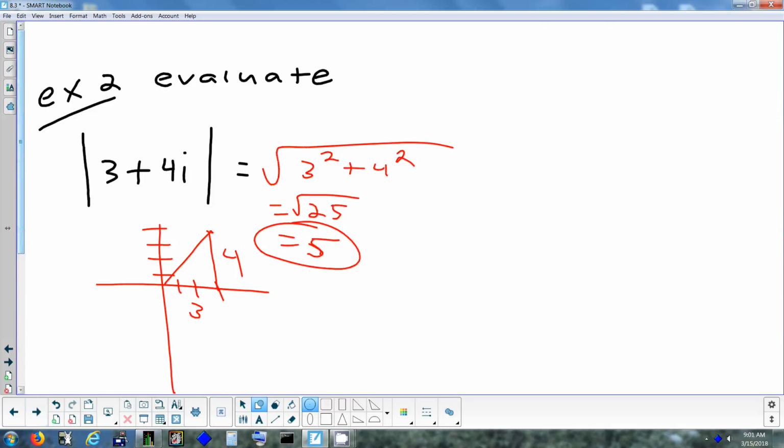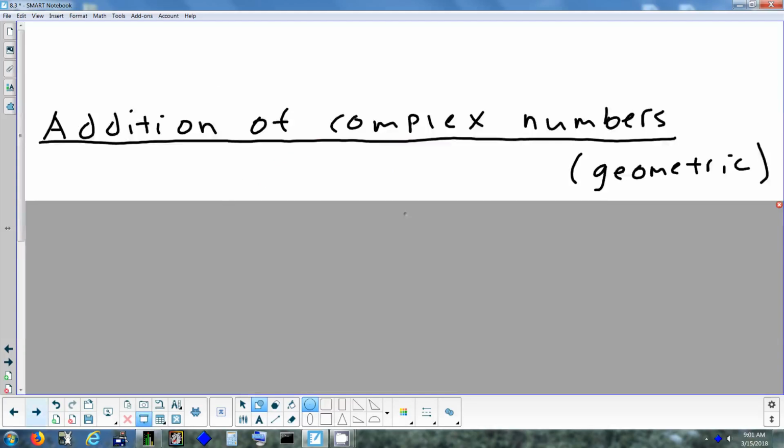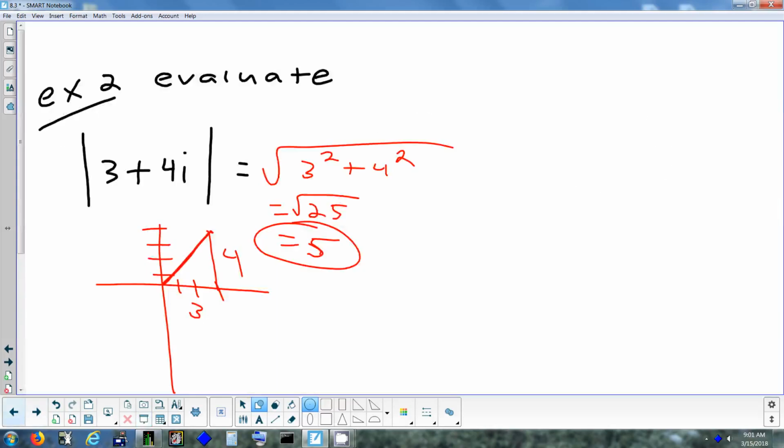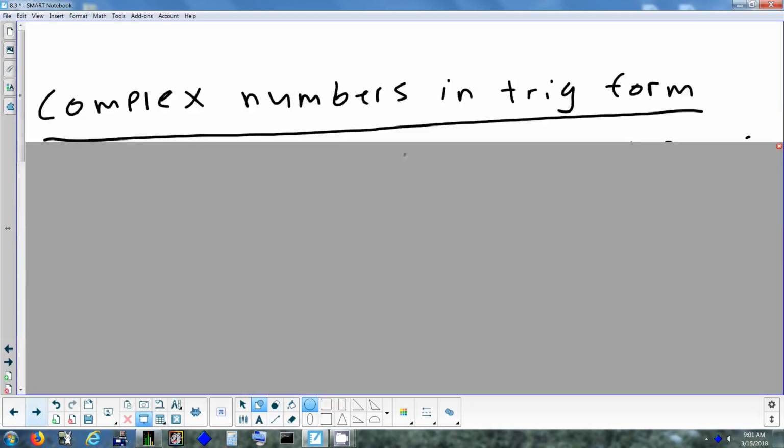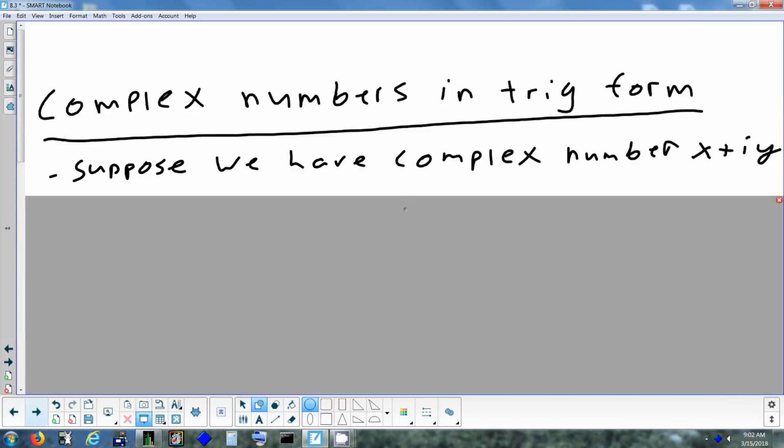Finding that is important because this distance right here, which we're going to think of as r shortly, is one of the two things that you need to write a complex number in trig form. This I'm going to hold off on, and we're going to jump to trig form. In standard form, you have a real part plus or minus an imaginary part.